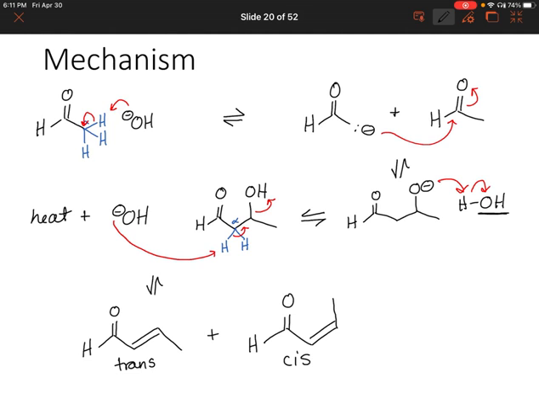So remember, it has to do with electron groups and VSEPR theory. Electron groups want to be as far apart as possible, right? So in the trans position, those electron groups are far apart. So that's going to be more stable. And the trans product is the major product. The cis product is therefore the minor product.